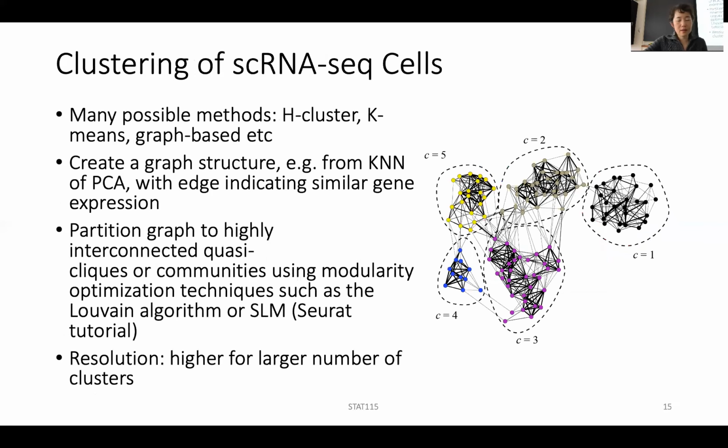So with the dimension reduction, we can do clustering of the single cells. Each dot represents one cell, and that's being represented by, say, 20 numbers, the top 20 principal components. Remember, this is a linear combination.